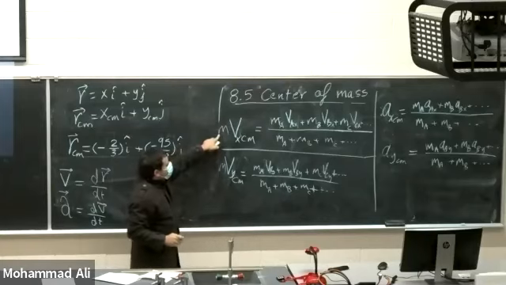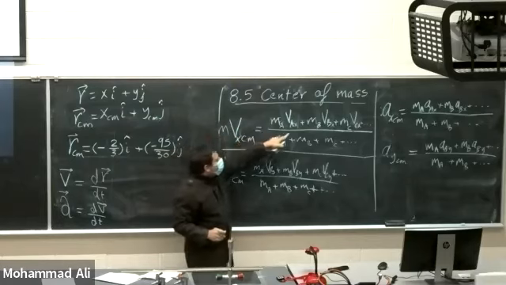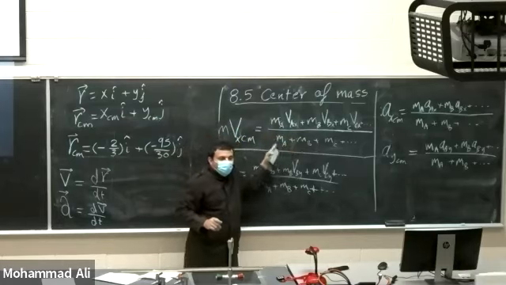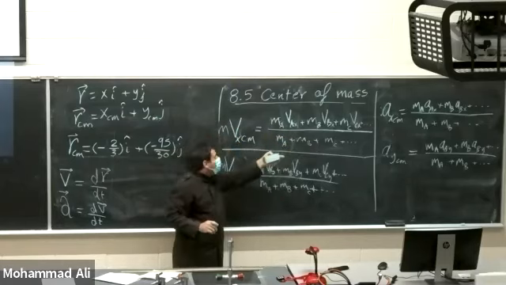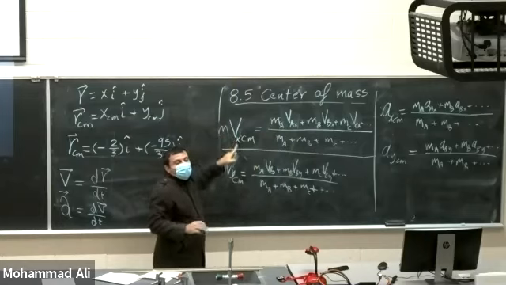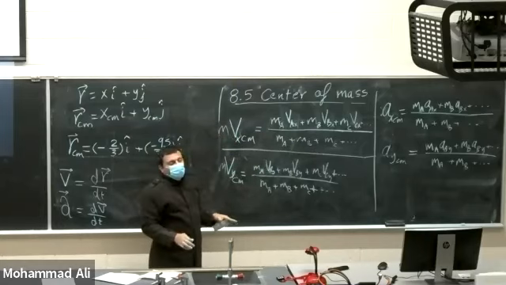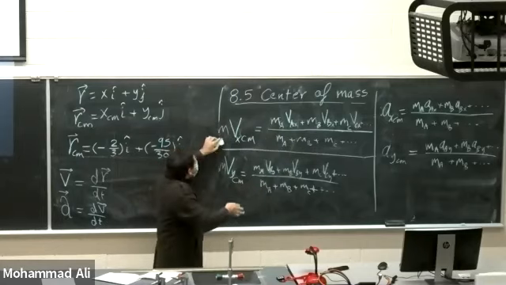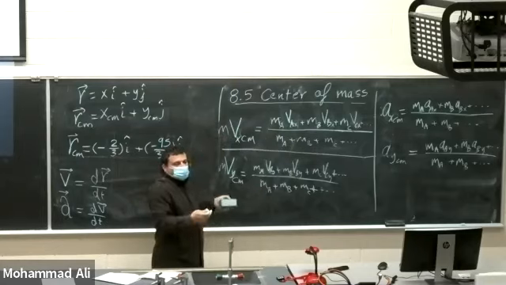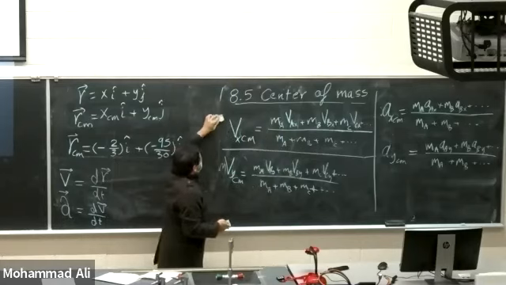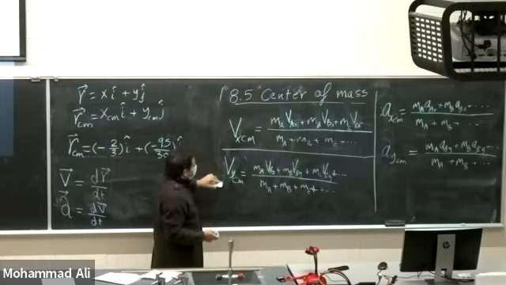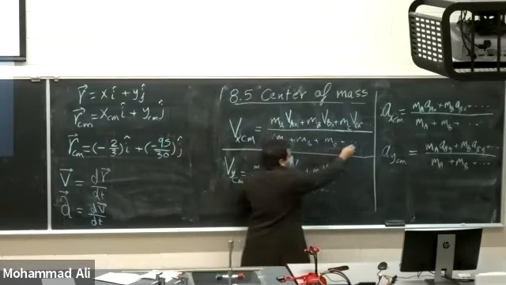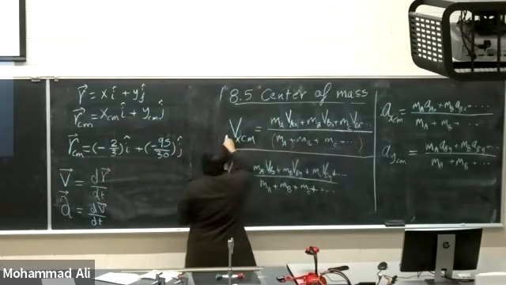From where is this mass? Which mass is this mass? Is it mass A or B or all of them? Because the center of mass is for all the masses, I need to multiply by all of these masses. It will not be an arbitrary multiplication. I just need to bring this term and multiply it by this.